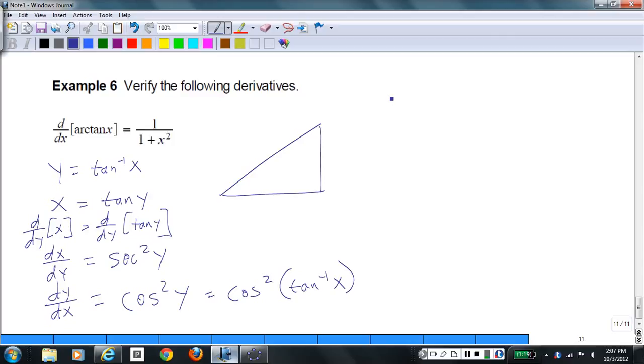Let theta equal inverse tangent of x, so that the tangent of theta equals x. Tangent is side opposite divided by side adjacent, so that's x over 1. And the hypotenuse then would be what? The square root of 1 plus x squared.